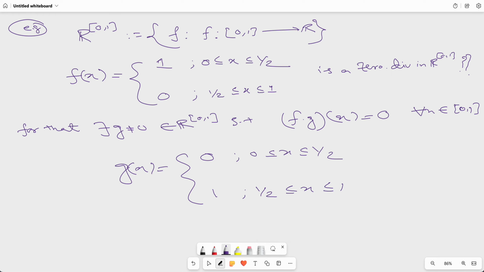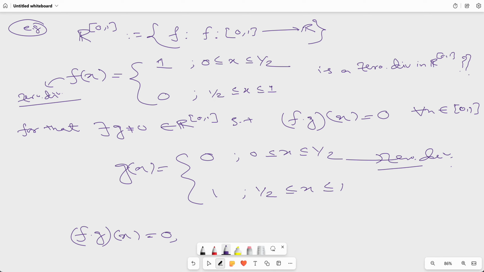So you can see that (f · g)(x) is 0, where g is a non-zero function, so this is a zero divisor. Similarly, this is also a zero divisor.